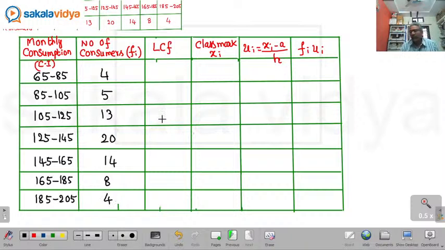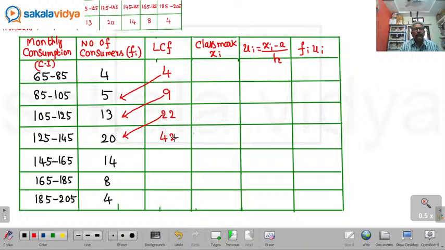So how to find out less than cumulative frequency? This is very important. Please, my dear children, all of you concentrate here. First write down 4. For 4 add 5, that is 9. For 9 add 13, 22. For 22 add 20, 42.